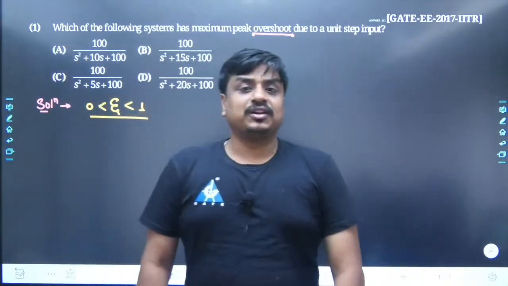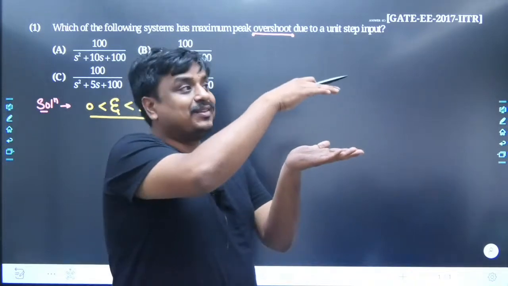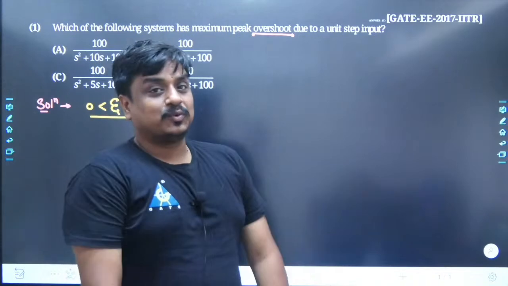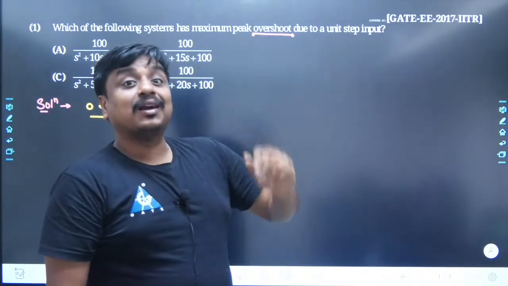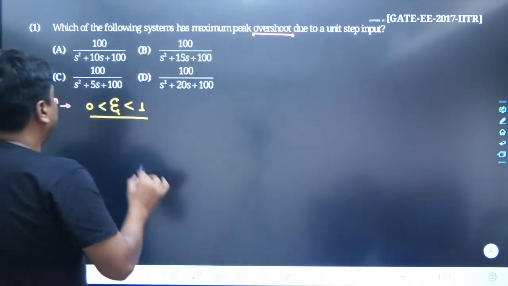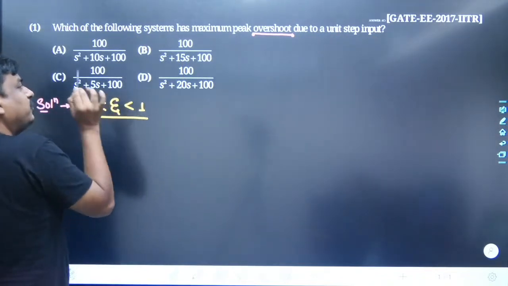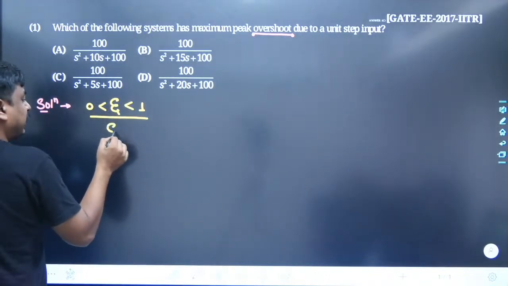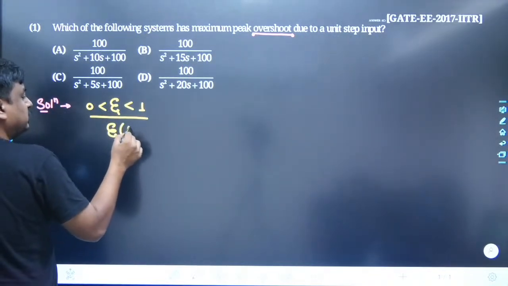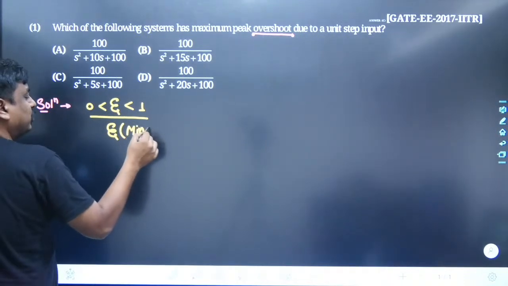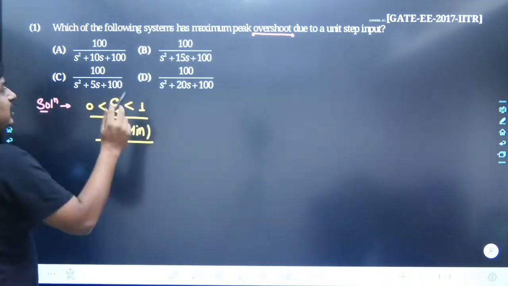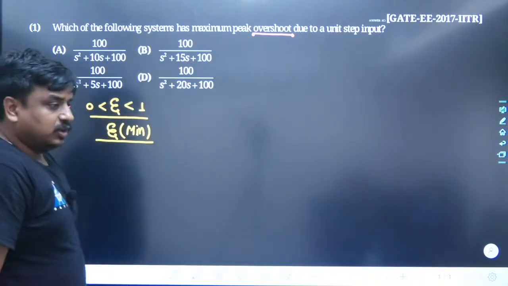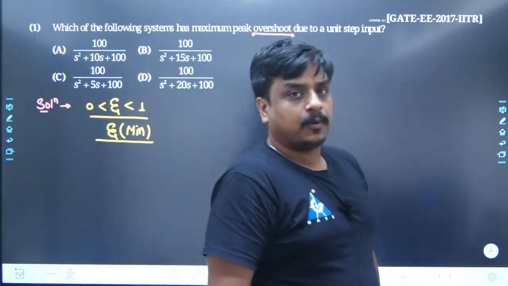As the damping coefficient increases, the system starts decreasing its oscillation, and the peak overshoot continuously decays. So the range has to be between 0 and 1, and if you want the maximum peak overshoot, the value of zeta has to be as minimum as possible, because as zeta increases, the peak overshoot definitely decreases. So tell me what would be the best answer for this given problem.